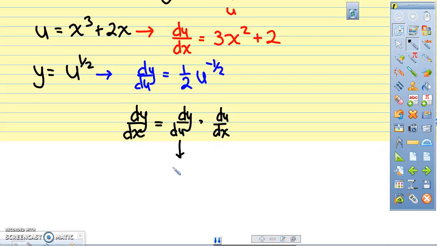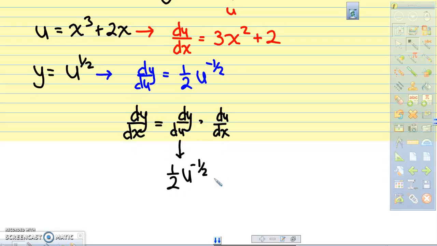Dy over du is the 1/2 u to the negative 1/2 times du over dx, which is 3x squared plus 2. So dy over dx is equal to that.